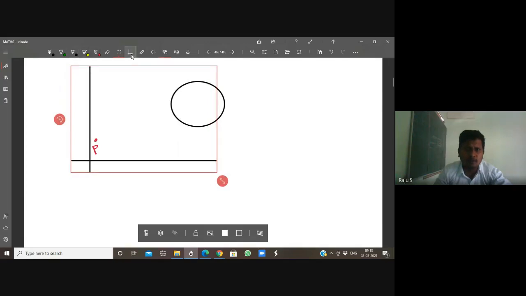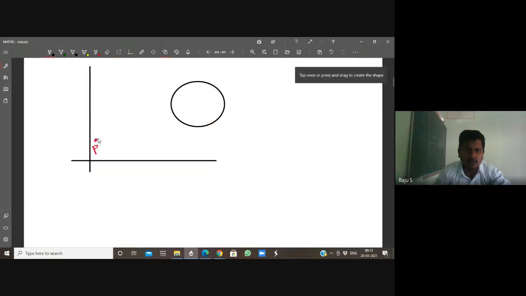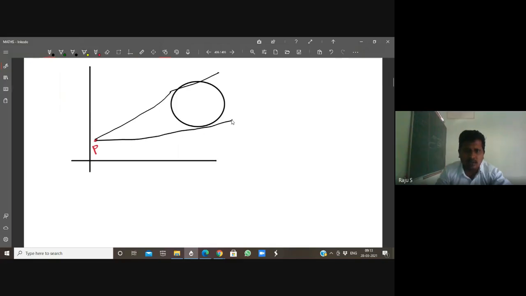So from the point P, you can draw the tangent. There exist two tangents. This is one tangent, another tangent. So when I extend this tangent, it will make some angle, different angles. So this line, let us take alpha. This line take beta. Nothing but this is tan alpha.